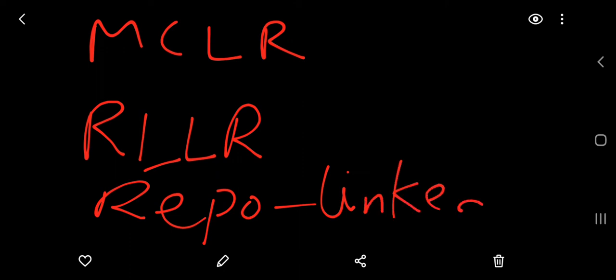One is RLLR. What is RLLR? This is the repo linked lending rate. What is repo linked lending rate?